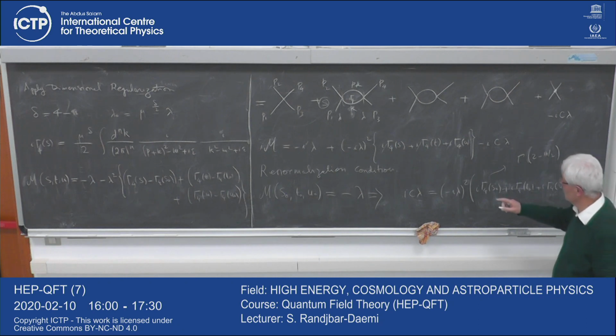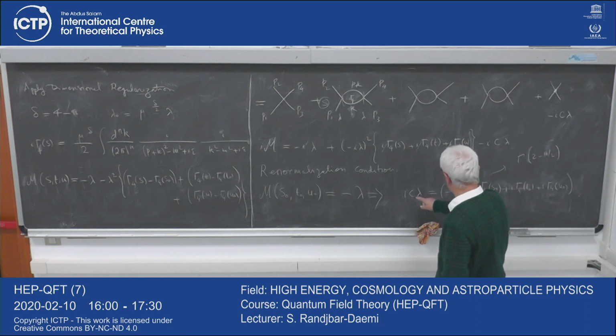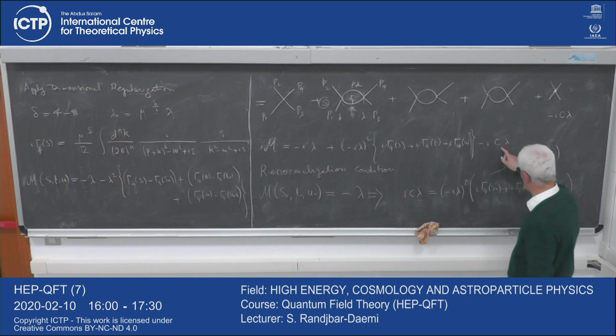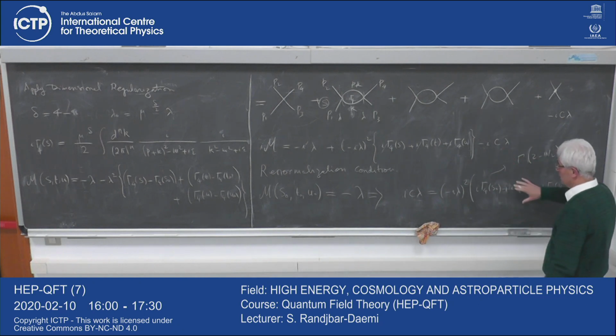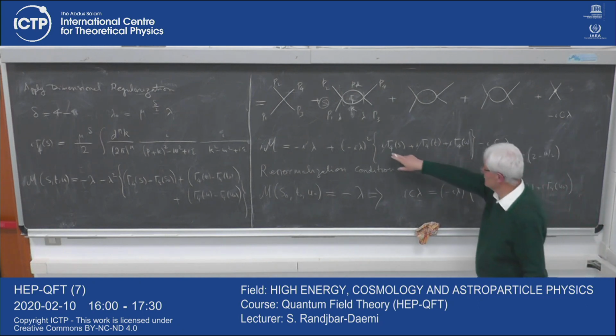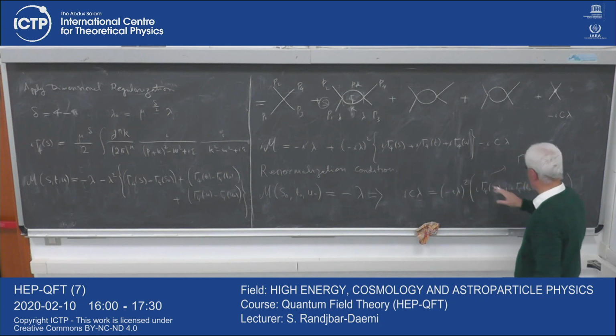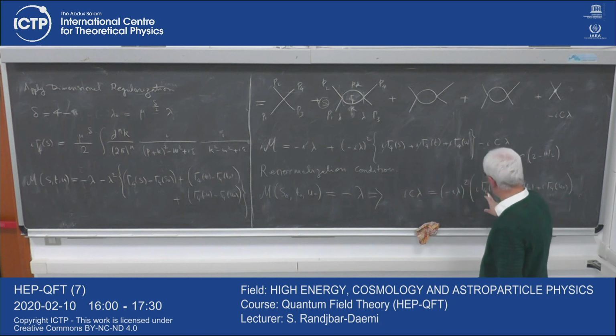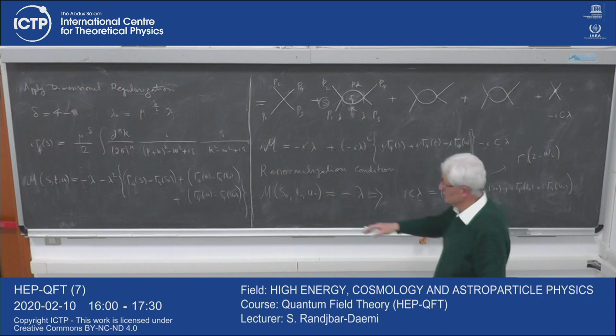If this is not clear, I can explain it more, but I think it should be clear. If you substitute for IC lambda, this expression is precisely the same expression as this, in which you have put S by S0, and there is a minus sign there. Therefore, the contribution of this term will be comma 4 S minus comma 4 S0, etc.